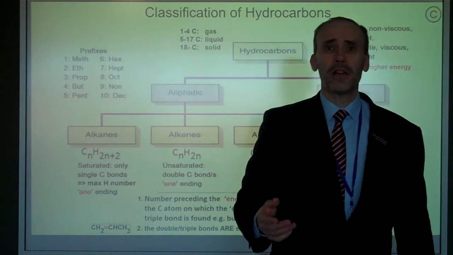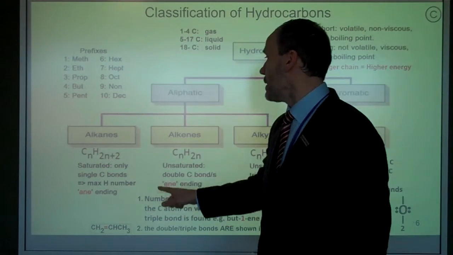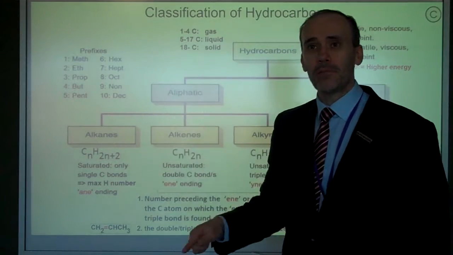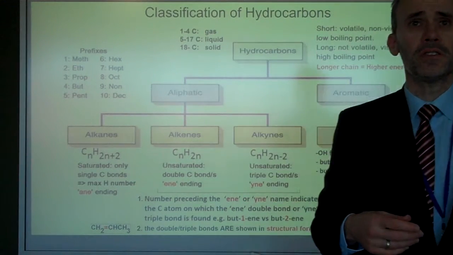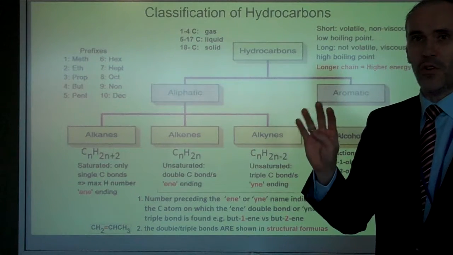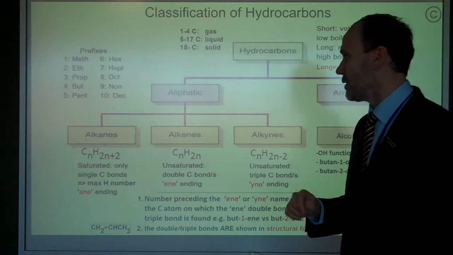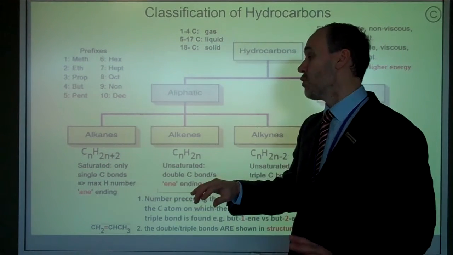We say they're saturated because every carbon has a single bond, and then it has the maximum number of hydrogens possible, and every carbon shares how many electrons? 4. Just get that in your head. All carbons share 4 electrons. Okay? And so that's an alkane. And we're going to practice this, so don't worry too much.